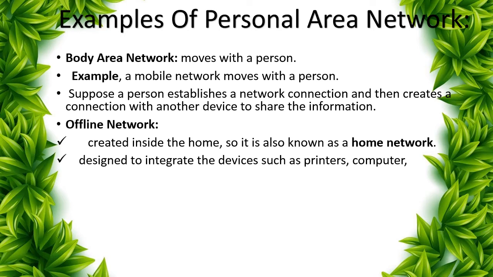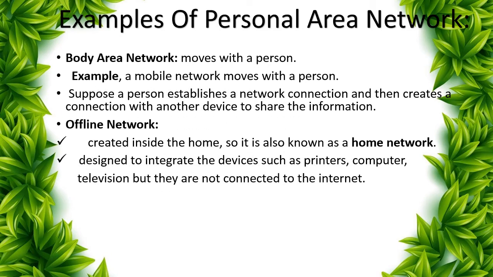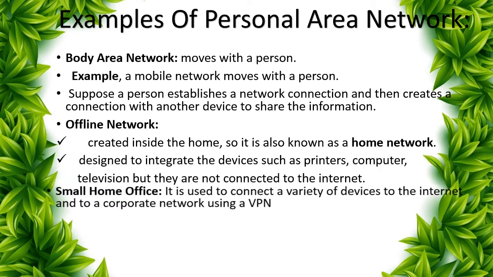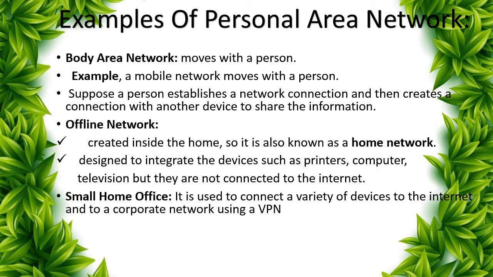This is called an offline network. And in a small home-based setup, we can connect the devices to the internet and use a virtual private network, VPN. Through the VPN also we can connect only within our homes. Everything is only for a single person's purpose. That's why it's personal.